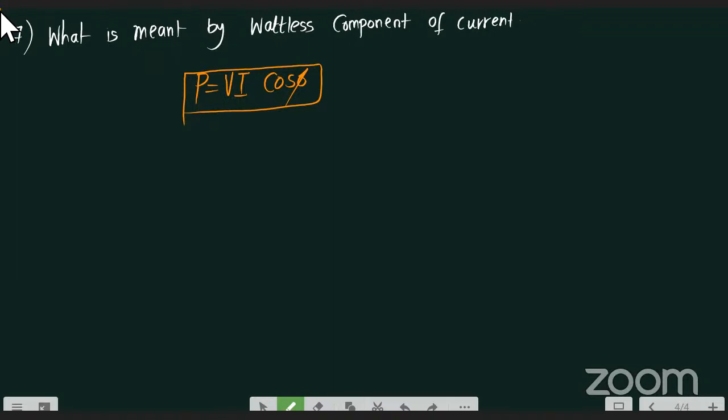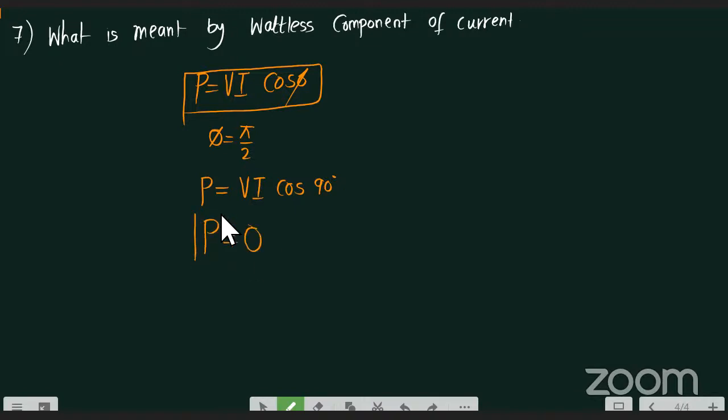So what is the meaning of wattless current? Suppose the phase between voltage and current is phi equal to pi by 2. If I substitute that value, I will get P is equal to V into I cos 90 degrees. What is the value of cos 90 degrees? The value of cos 90 will become 0.